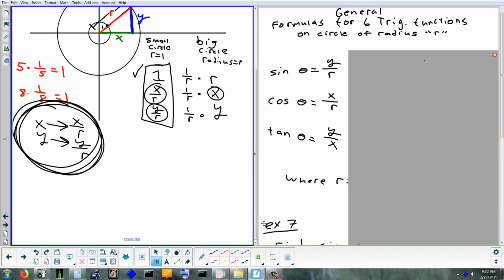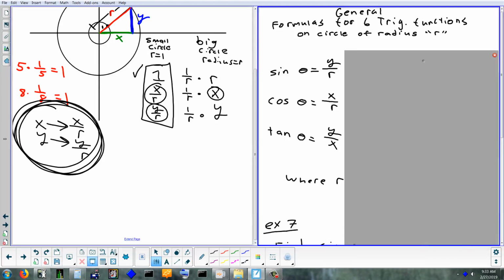Yeah, you see? What's the difference between the formula I wrote for tangent there and the one that we've been using for tangent Monday and Tuesday? Yeah, nothing. It's exactly the same formula.